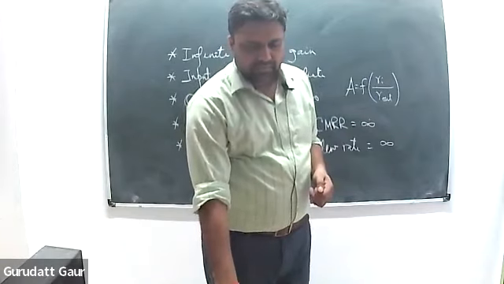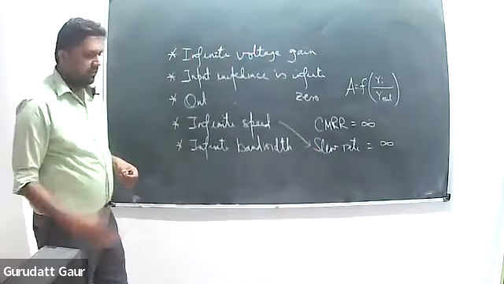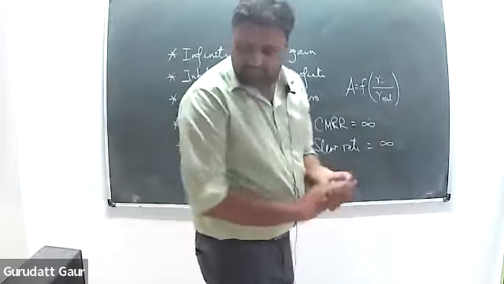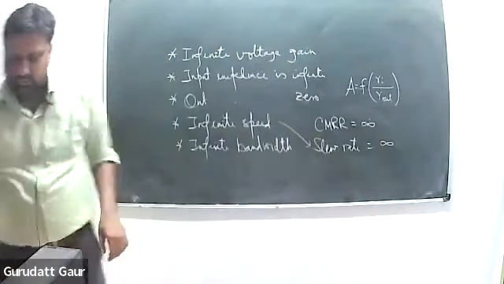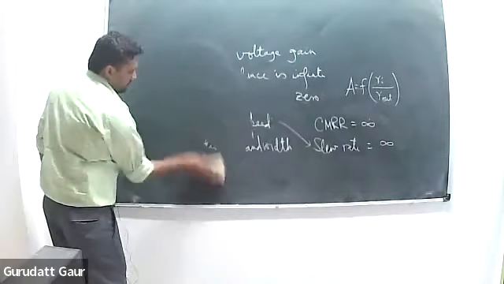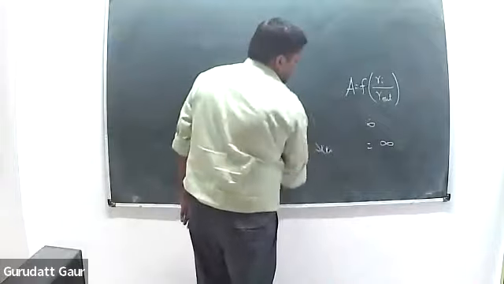So these are some of the properties. And now we will discuss some 5 to 6 applications that will help you in your exams. So we will start with the feedback circuit. Feedback क्या होता है?